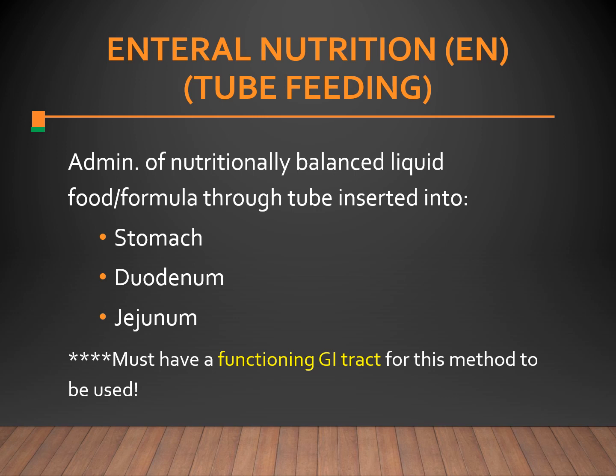Administration of nutritionally balanced liquid, food, or formula through a tube inserted into either the stomach, the duodenum, or the jejunum. This is important, must have a functioning GI tract for this method to work. So think tube feeding. I'm still giving them nutrition that their GI system is going to absorb. So it really has to be a functioning GI system.